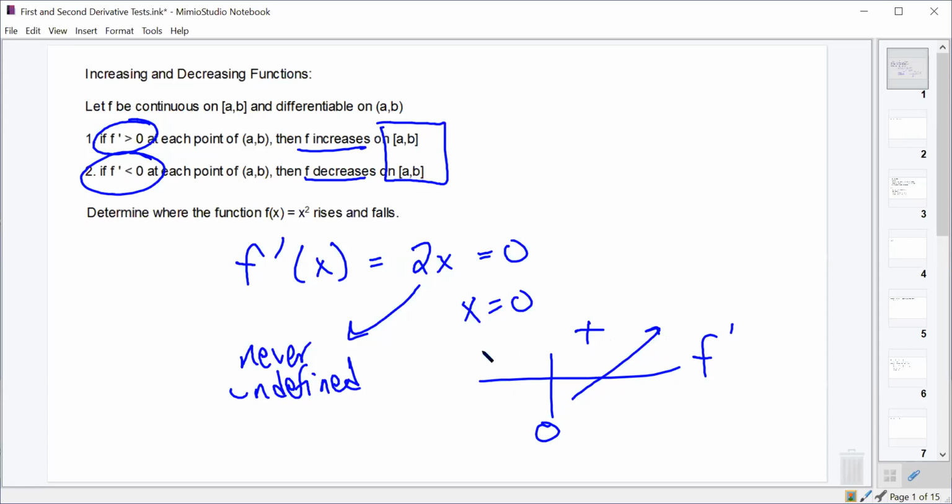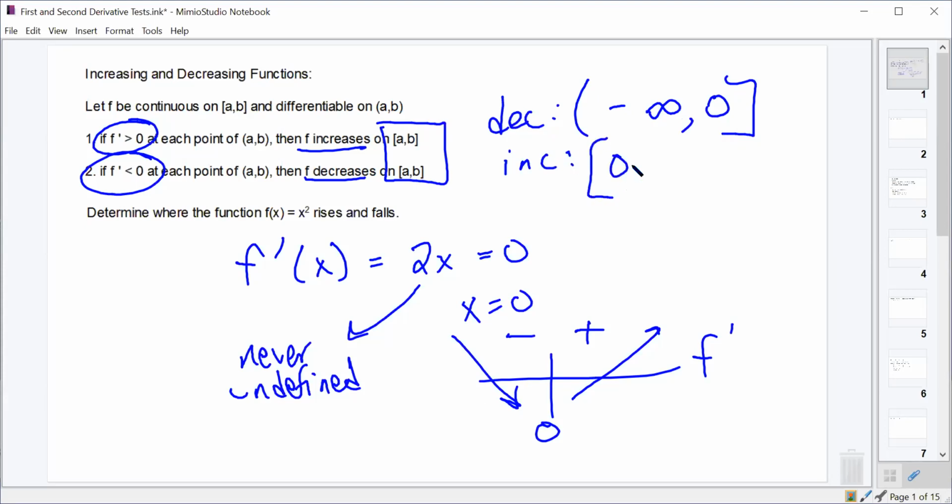And if we plug in a negative number, our derivative is negative, which tells us that our function is decreasing. And so we would indicate that this function is decreasing on the interval from negative infinity to 0, and that it is increasing on the interval from 0 to infinity.